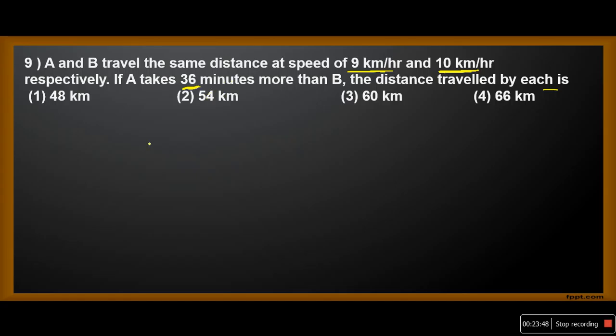Okay, let us say the time taken by A is t hours. 9 into t is equivalent to the speed of B into the time taken by B, which will be t minus 36 minutes.